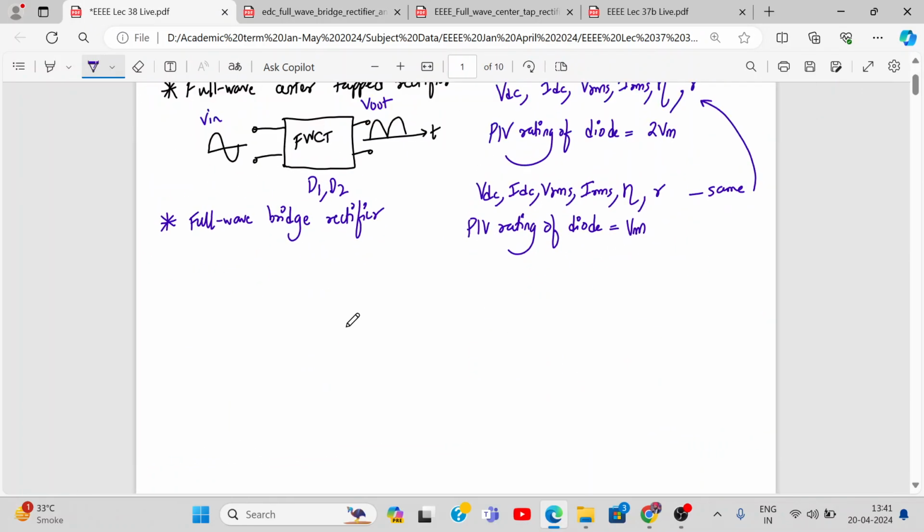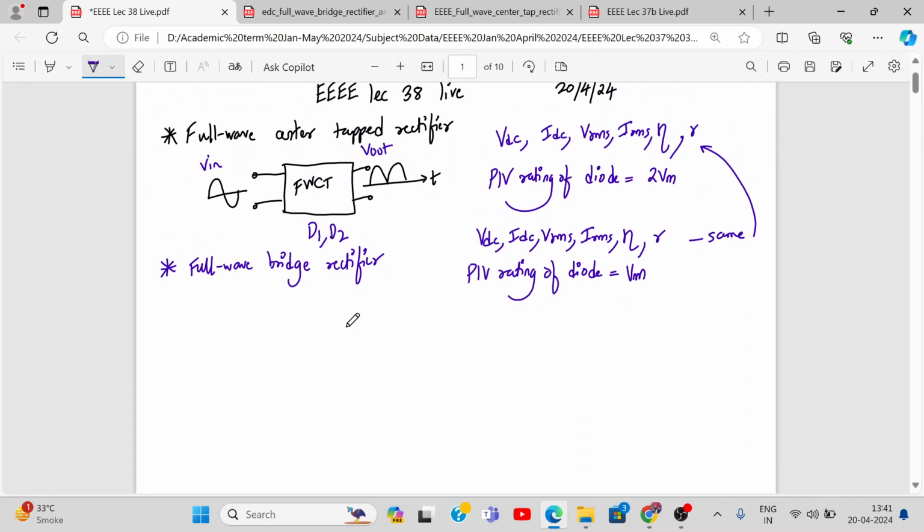Now, if I wish to compare all three configurations, I can do that. This is the half wave rectifier, then we have the full wave center tap rectifier, then the full wave bridge rectifier.